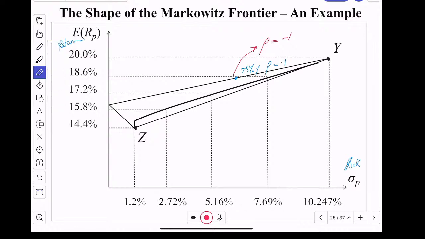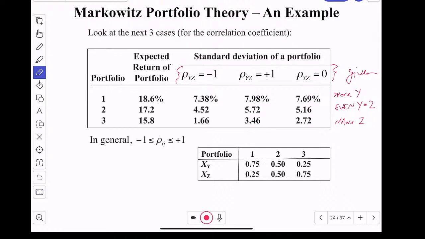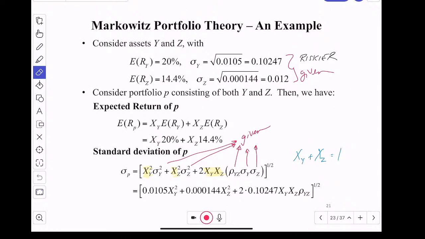All right, so I left off looking at this example to explain portfolio theory. And I said that we're going to plot risk and return, where risk will be measured by the standard deviation of the portfolio. Here is the formula in general, and we'll imagine that the standard deviations will be given and the correlation between two assets.